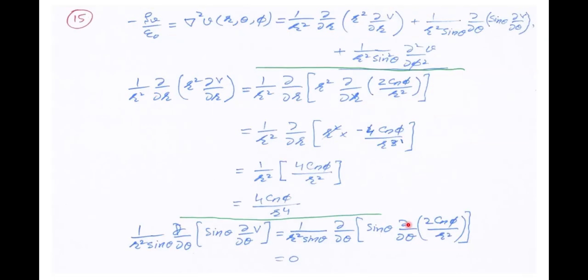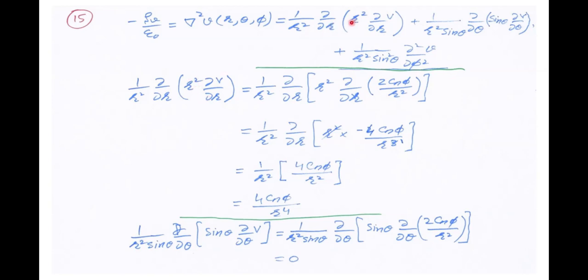Using the Poisson equation, expand it in the spherical coordinate system, then differentiate the given potential with respect to r, theta, and phi, with the factor 1 upon r square. Let us first differentiate the potential function with respect to r.